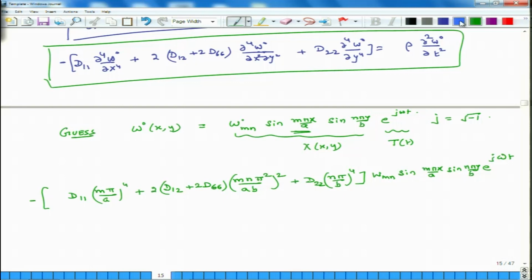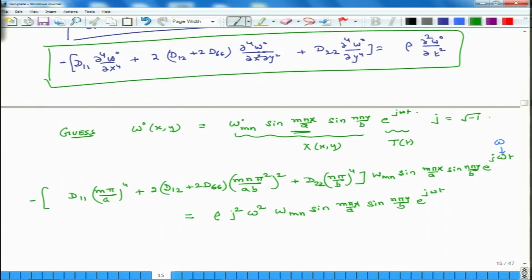So, remember this is omega, this is not w, and this equals on the right side rho, and then when I differentiate this term with respect to time twice, I get j square, and I also get omega square w m n sine m pi x over a sine n pi y over b e to the power of j omega t.